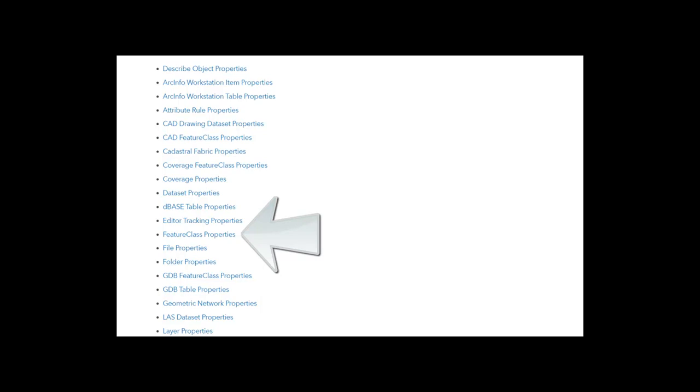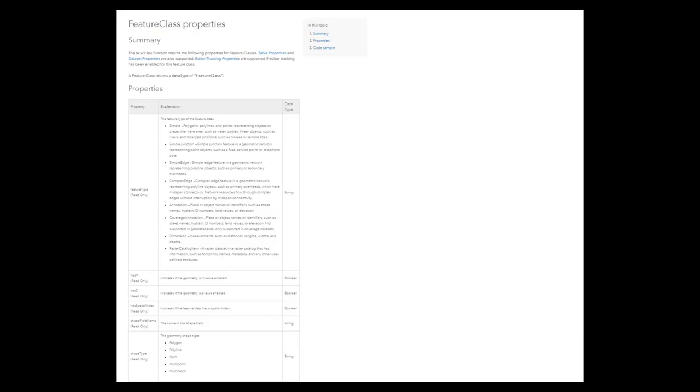If you click on one of these individual page links, you can see the properties for that data type. Here's what we see when we have clicked the link to the feature class properties. The feature class has a feature class property, a hasM property, a hasZ property, and so forth. The column on the right explains what each of these properties signifies.